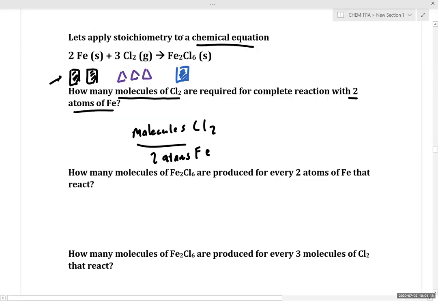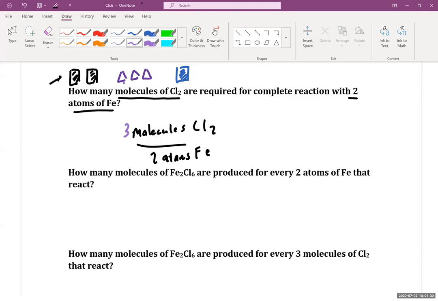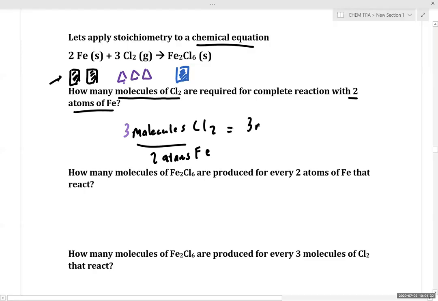Looking at our equation, we see we need 3 molecules of chlorine per every 2 atoms of iron. Perfect. We can also write this as a mole ratio. We need 3 moles of chlorine per every 2 moles of iron.